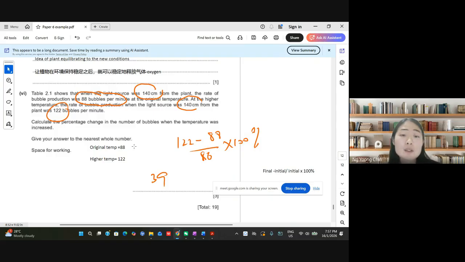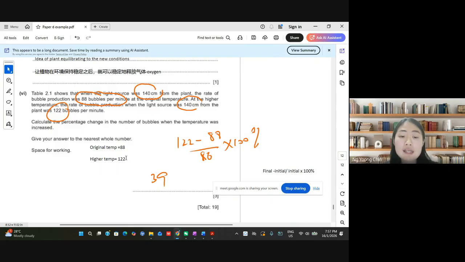But if you increase the temperature to a higher one, it becomes 122 bubbles per minute. So you need to calculate the change in the number of bubbles. How do you calculate? Just remember the formula: final data minus initial data.